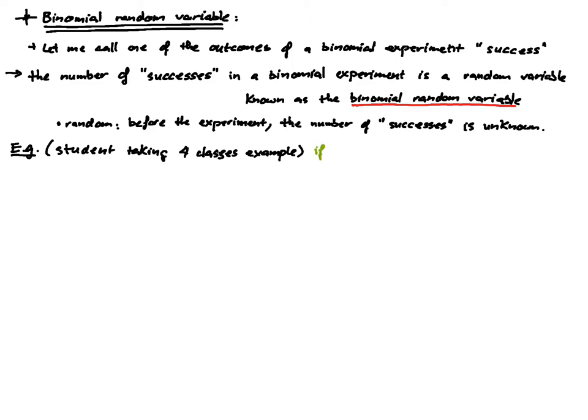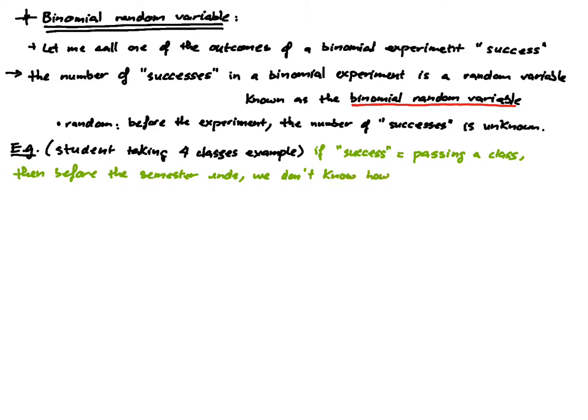If I define success as passing a class, then before the semester ends, we don't know how many classes the student will pass, right? And so it is random.